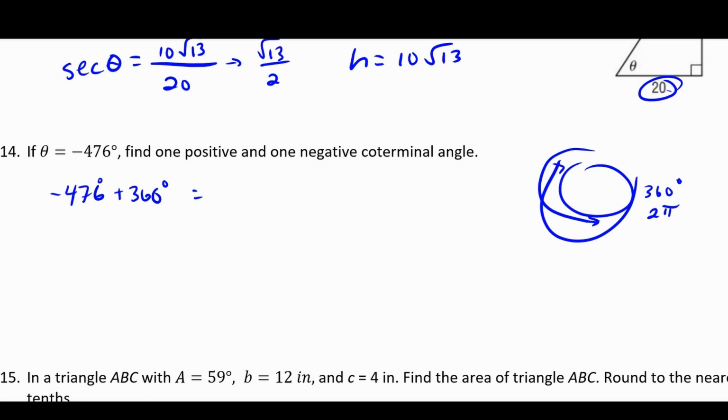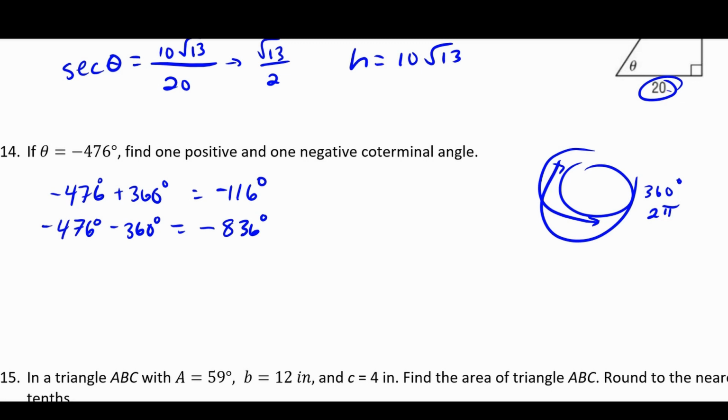So negative 476 plus 360 gets me negative 116 degrees. Now this would be one negative coterminal angle because this is negative. But I could have also gone negative 476 degrees minus 360, negative 836 degrees.